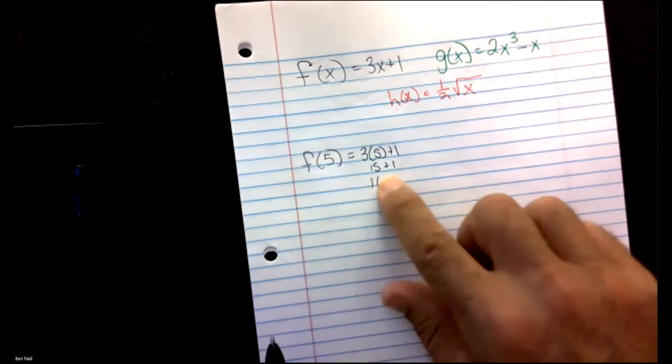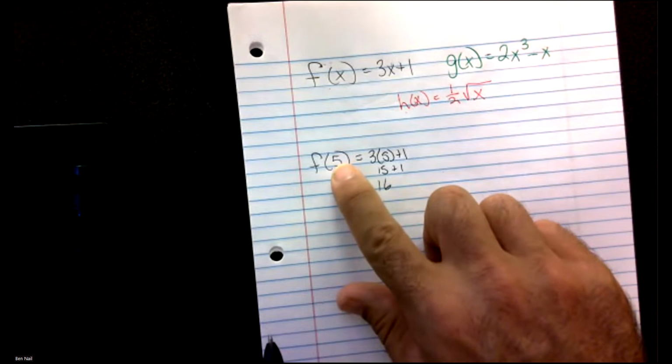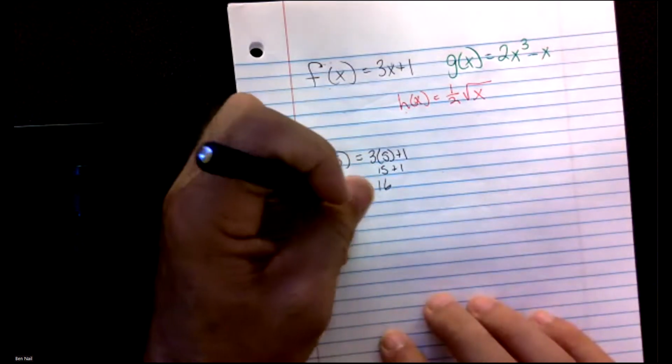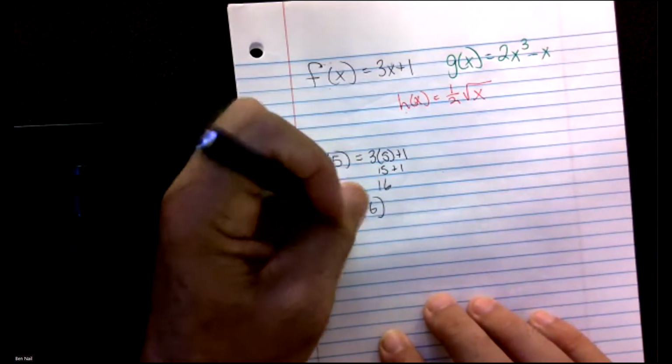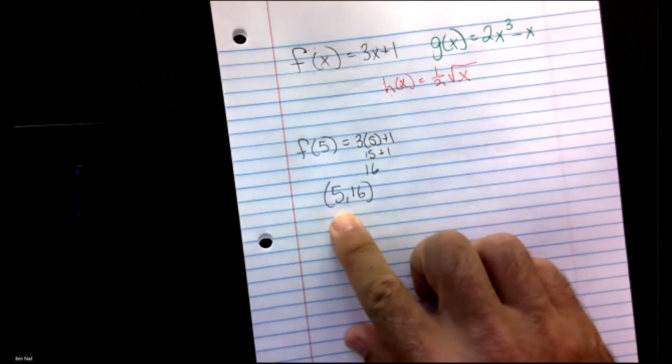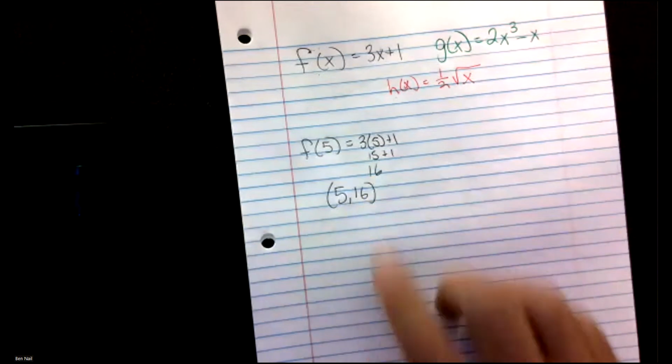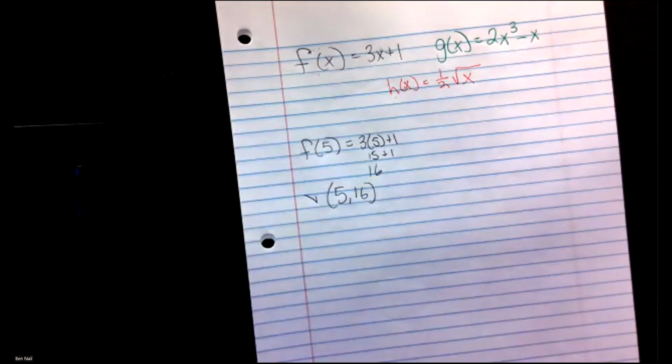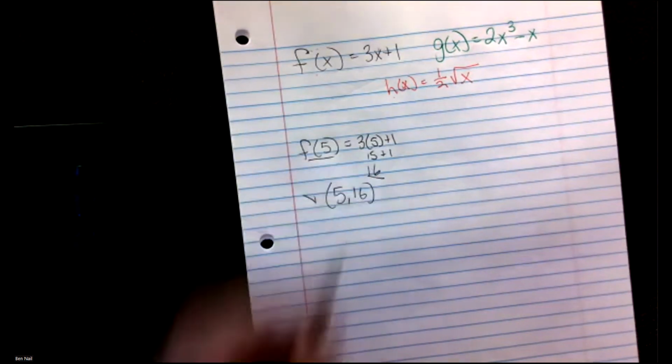Now, what this means, okay, again, input was 5, output was 16. That means that coordinate. So if my x was 5, then my output y was 16. So those functions directly relate to the coordinate for it. Okay, so the f of 5 is 16.